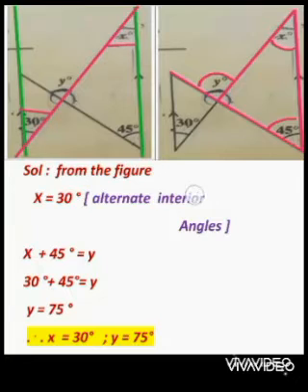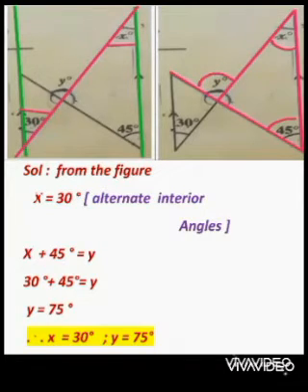So we got the value of x as 30 degrees. Now you have to find out the value of y. You observe the second figure here. Here I have considered this as a triangle, and this is a line produced like this. So this angle is an exterior angle. We can use the exterior angle property to find out the value of y.